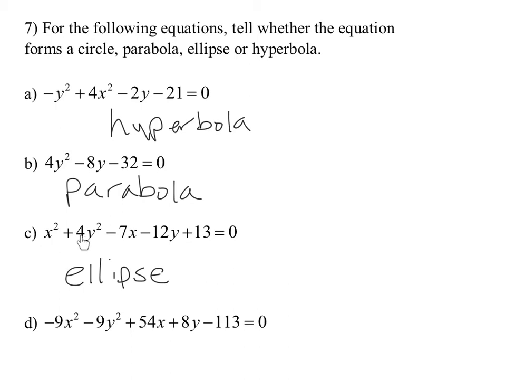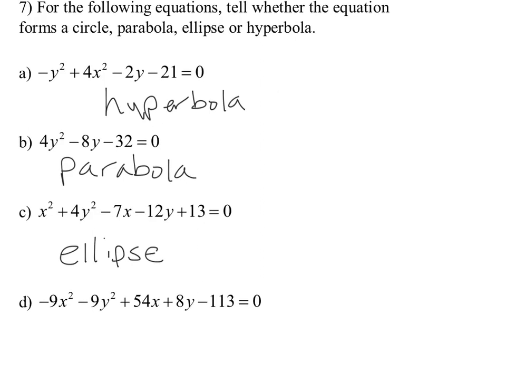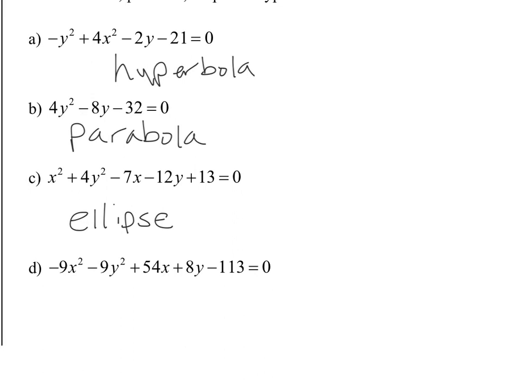So it's not a circle because these are not the same, so you're not getting the same stretch all the way around. This one's stretching more up and down. Okay, the last example we have is this one right here. In this case, we have two squared terms.